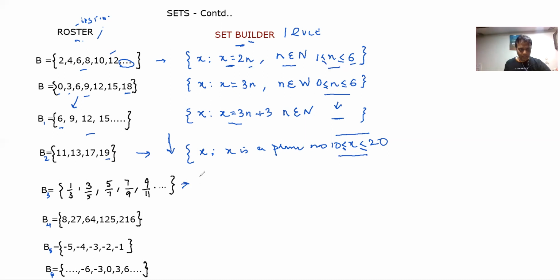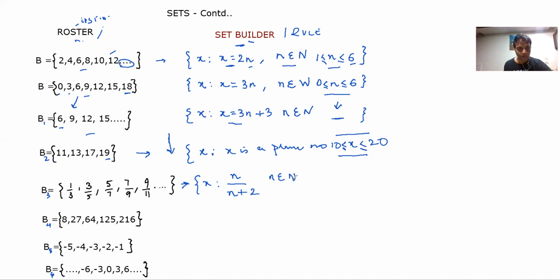Let's move to this one, curly bracket. X is such that. Now you have to be quick in understanding what this series is about. There is a variable because it is moving in the numerator and in the denominator also, n plus 2. Now, can I write that n is the element of natural numbers?